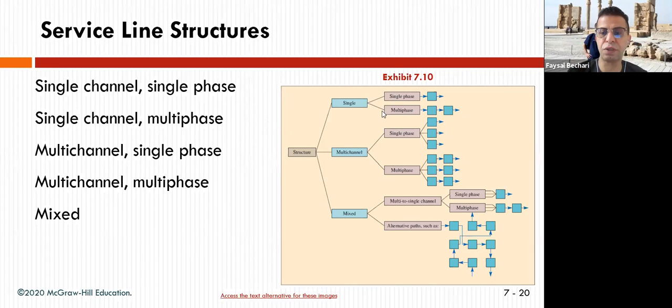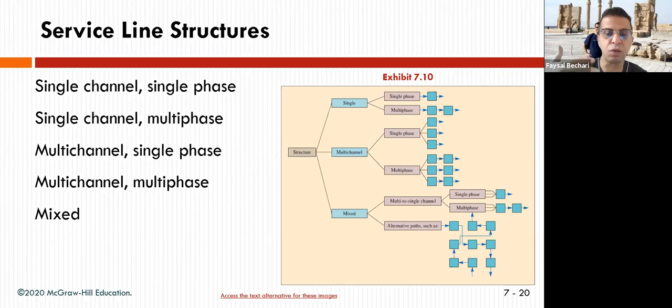You can bring lots of examples. Just use your imagination. Multiple channels and single phase looks like that. When you go and you see, say, five cash registers and five people spread out there, that is multiple channel. Or you have five cash registers, but people are waiting in each one.